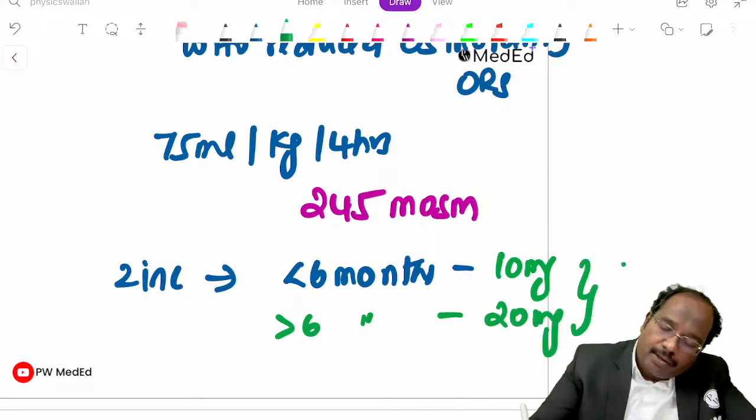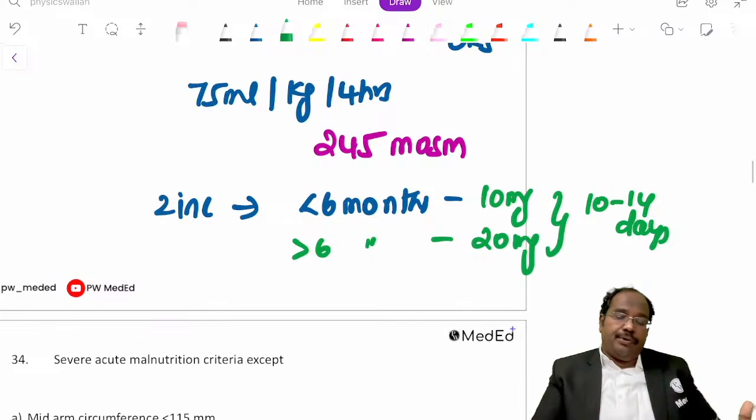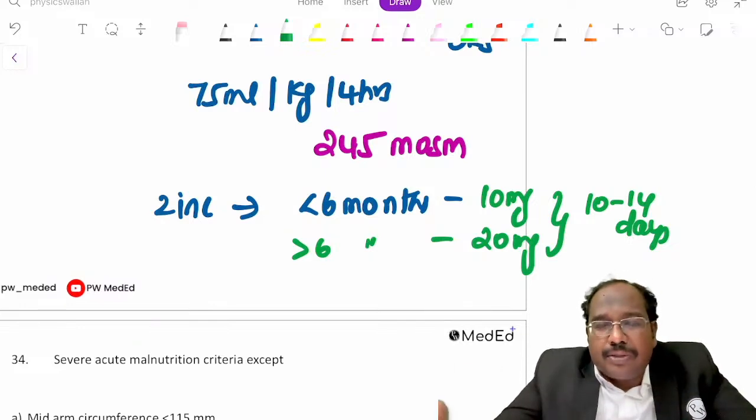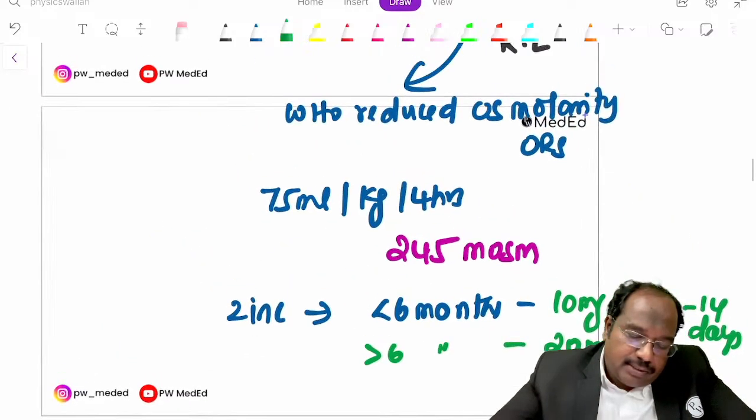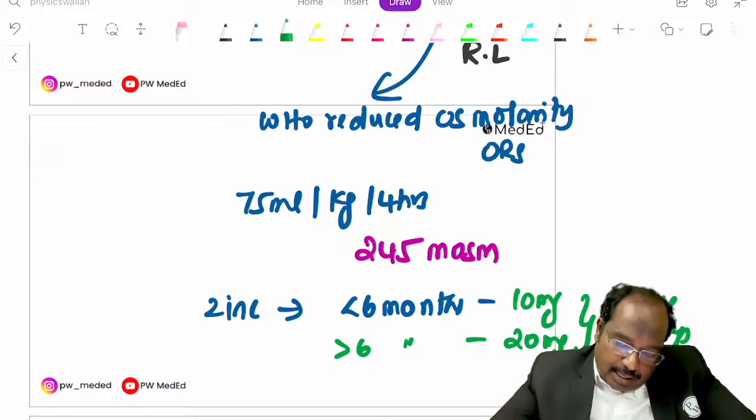We give this for 10 to 14 days. It reduces the future occurrence of diarrhea and vomiting for the next 2 to 3 months. These are the points we should know regarding this one.